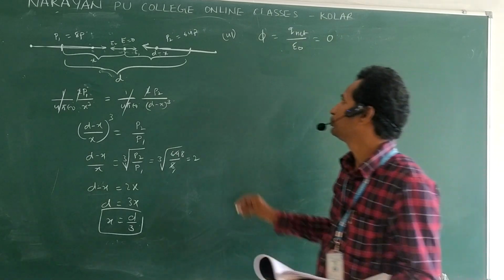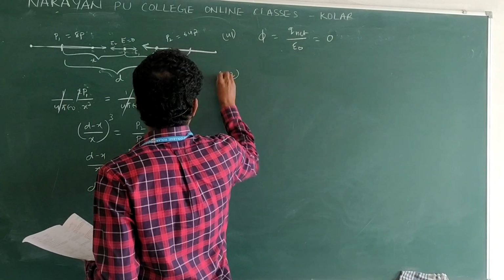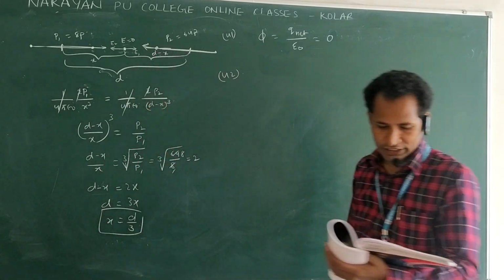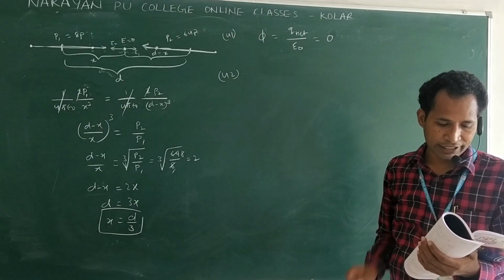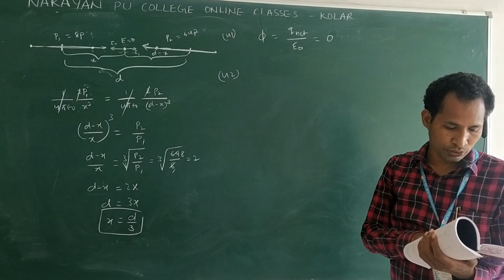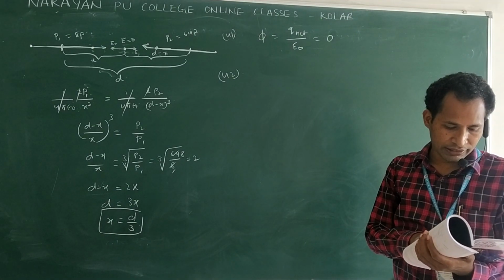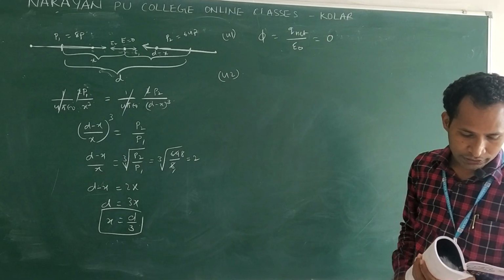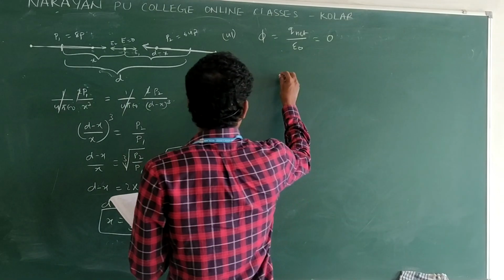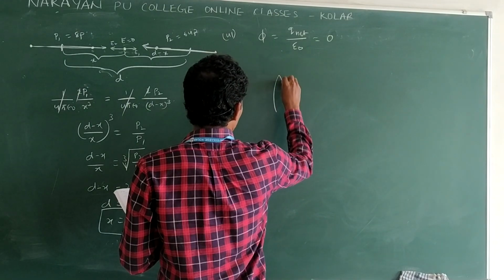Now 42. The electric field E is equal to x square plus 2x i cap, existing in a region as shown in the diagram. The net charge enclosed within the cylinder is? Now I am drawing the figure.